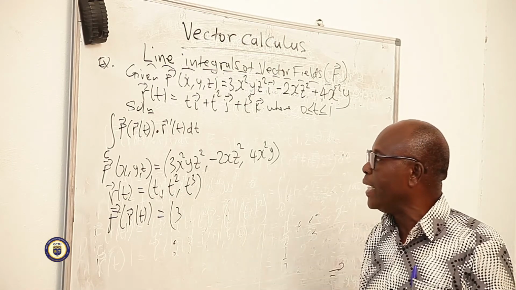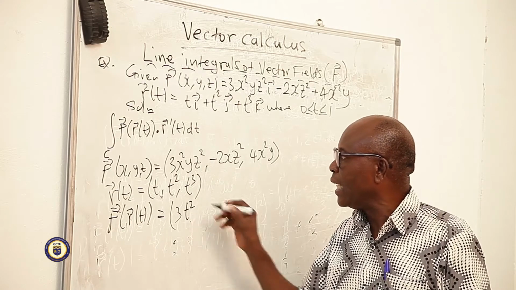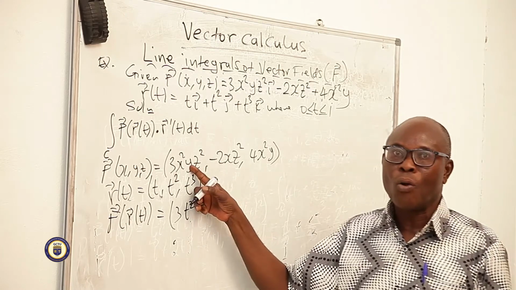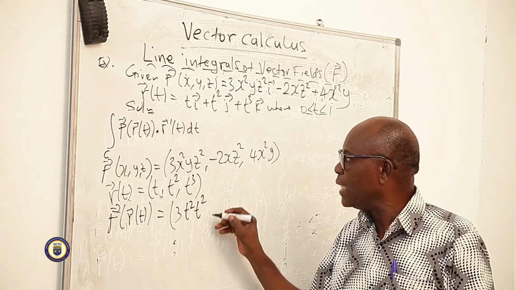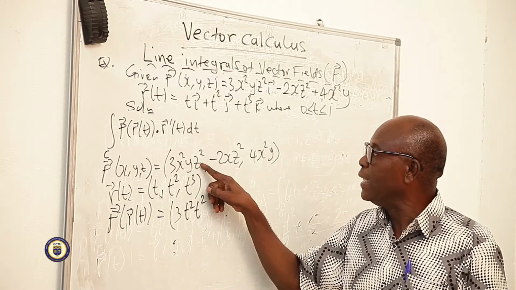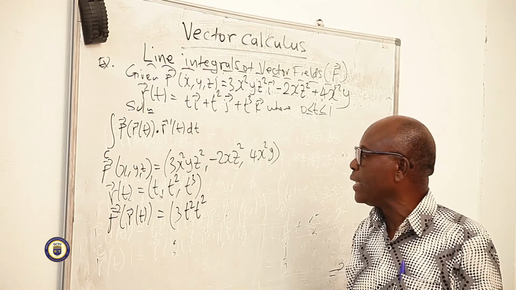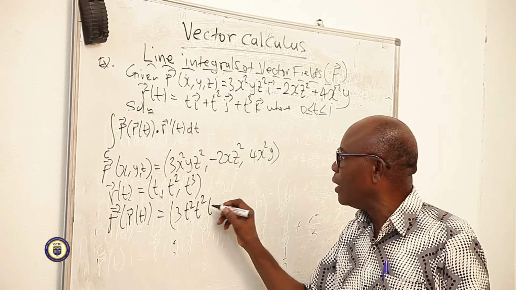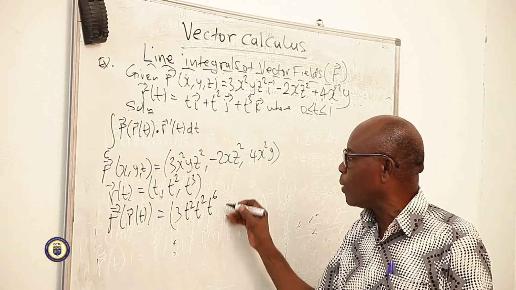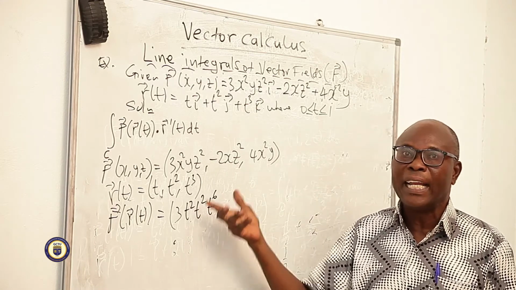So we have 3 times x squared, x is t, so t squared, then times y. Y is t squared times t squared, then the z squared, z is t cubed. So t cubed squared will give us t raised to the power 6. This is the parametric part in the i direction.